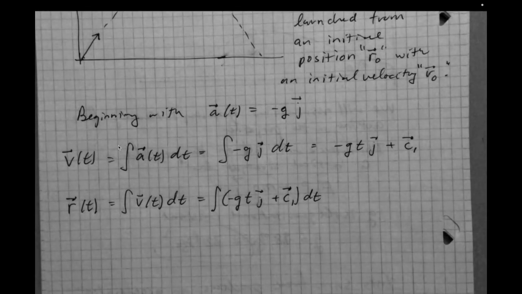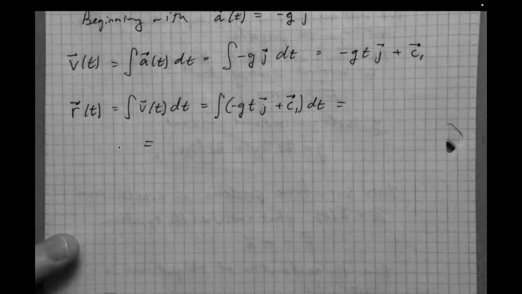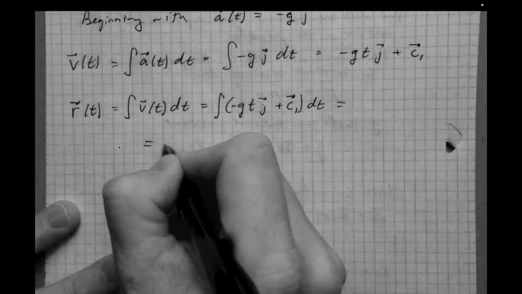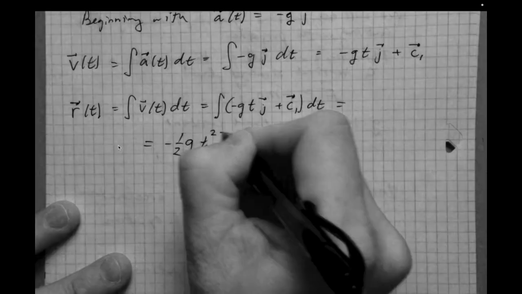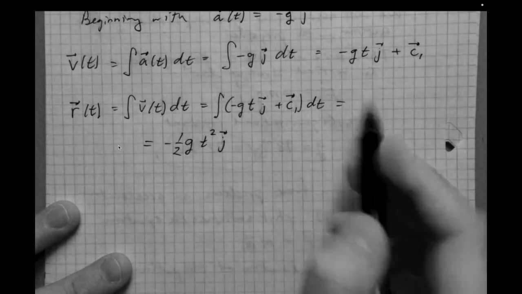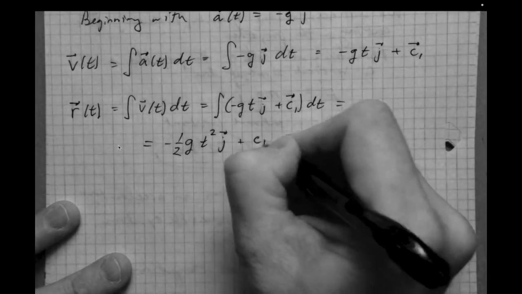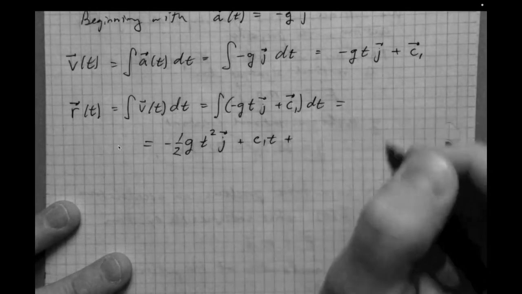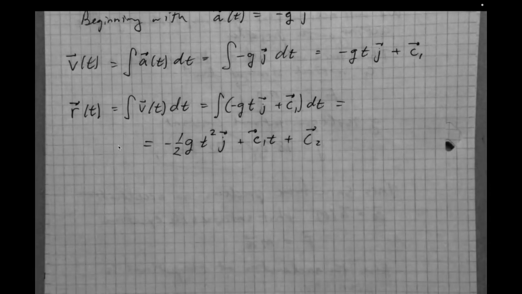When we integrate that, this first part becomes negative 1/2 g t squared times j. Then this is a constant vector, so it'll just be plus c1 times t, and then plus c2. There's going to be some additional constant introduced here.